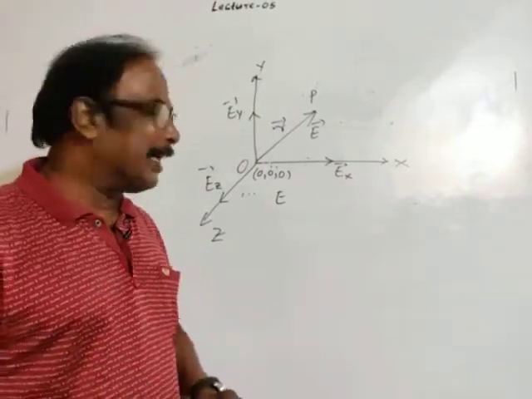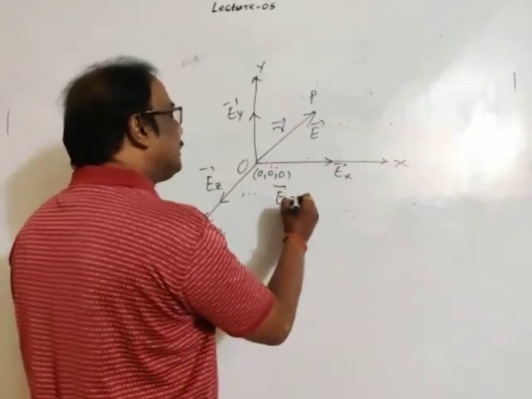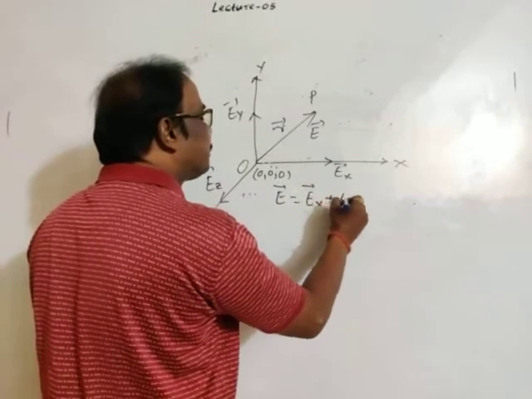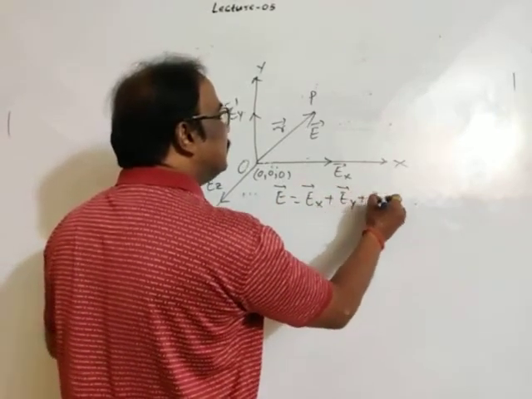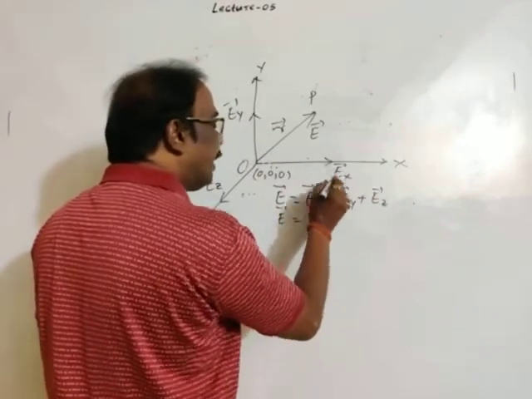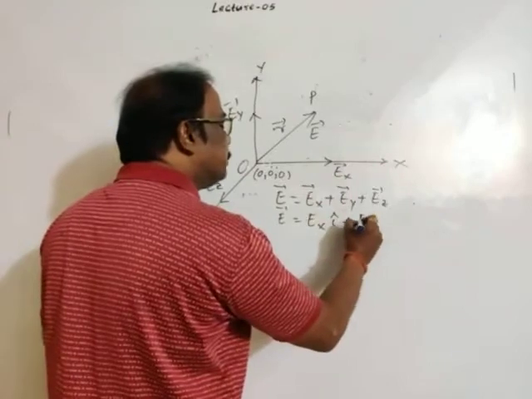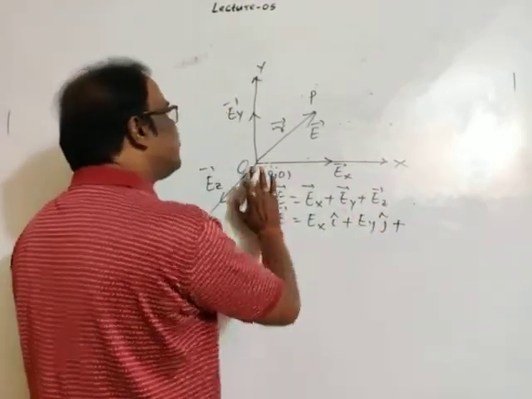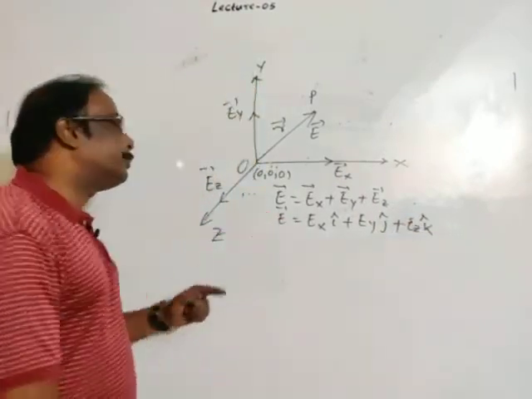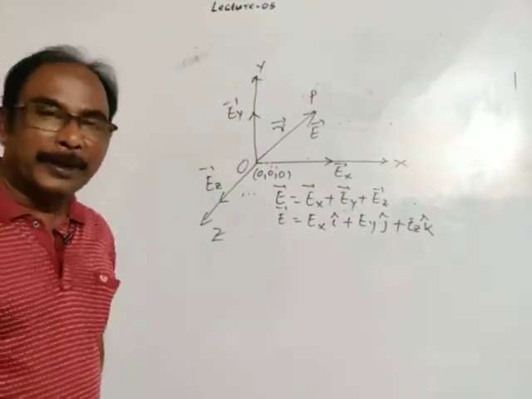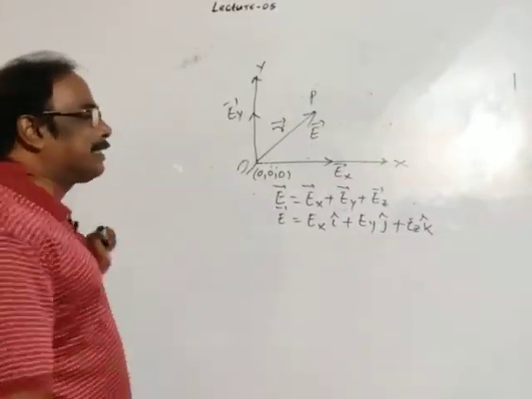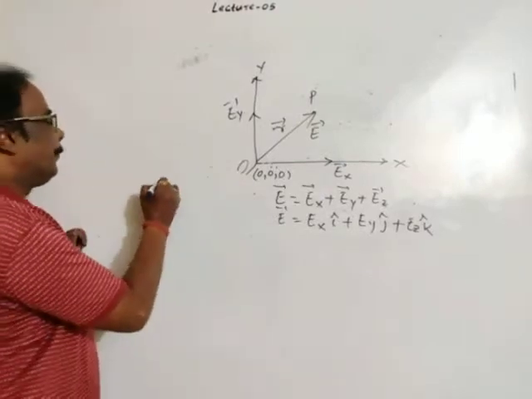Then the resulting electric field in the coordinate system may be given as Ex plus Ey plus Ez, or we may write Ex i cap, where i cap is the unit vector along the x-axis, Ey j cap, where j cap is the unit vector along the y-axis, and similarly Ez k cap, where k cap is the unit vector along the z-axis. You know it.